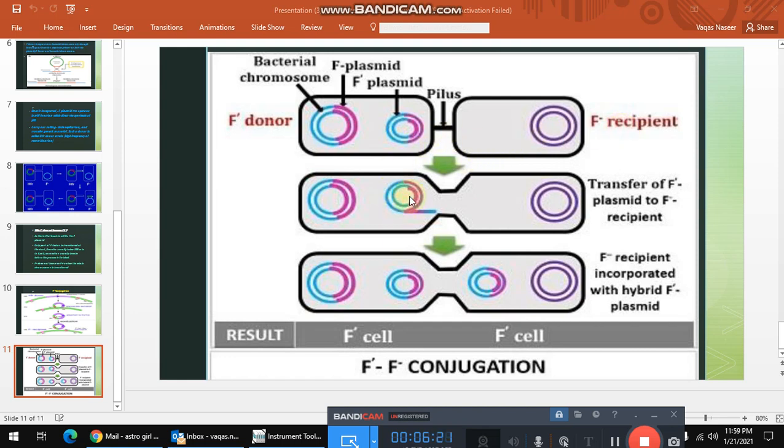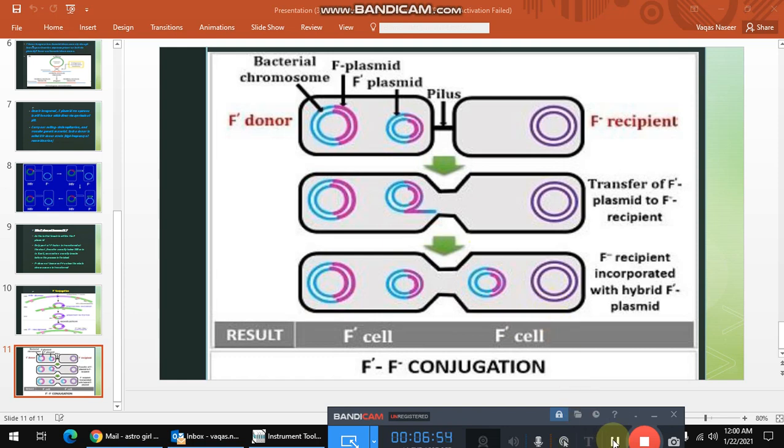Friends, basically these bacterial genes on the F prime plasmid are transferred with it and do not need to be incorporated into the recipient chromosome to be expressed. The recipient becomes an F prime cell and it is a partially diploid merozygote since it has two sets of the genes, one carried by the plasmid. In this way, specific bacterial genes can spread rapidly through the bacterial population. Friends, such transfer of bacterial genes is often called sex induction.